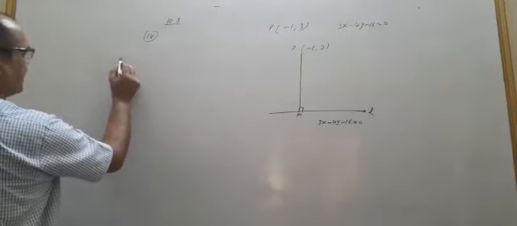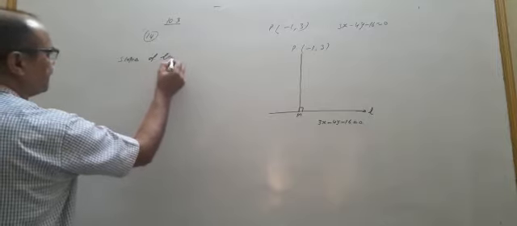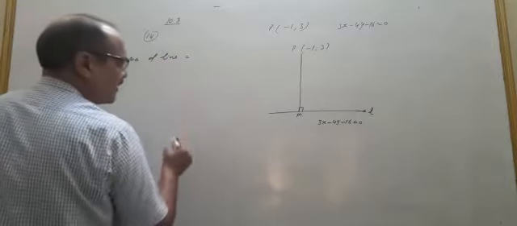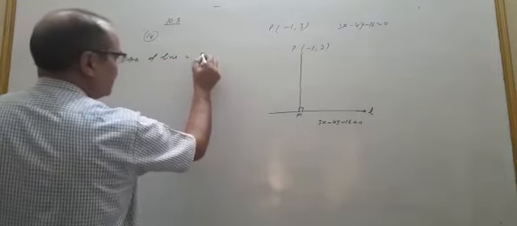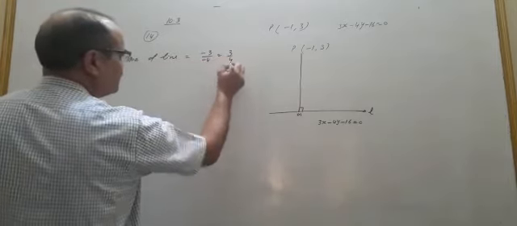तो सबसे पहले आप लिखेंगे slope of line, that is minus coefficient of x upon coefficient of y, that is equal to 3 by 4.